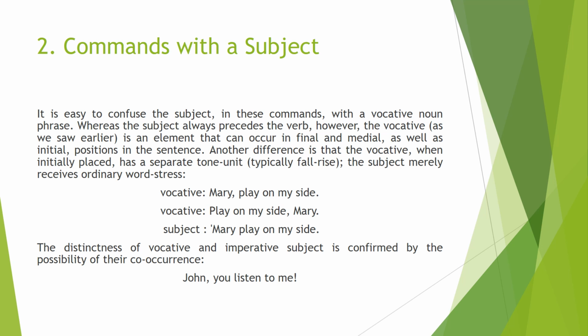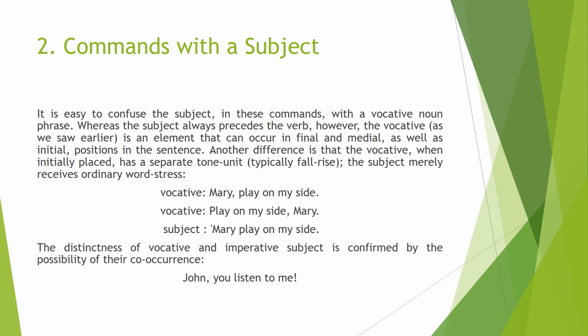Again, another thing that can help us to distinguish between a vocative and the subject of a command is that we can use them both in a sentence. Okay, both the vocative and the subject of a command can appear in one sentence. For example, John, you listen to me. Okay, you see, John, you listen to me.